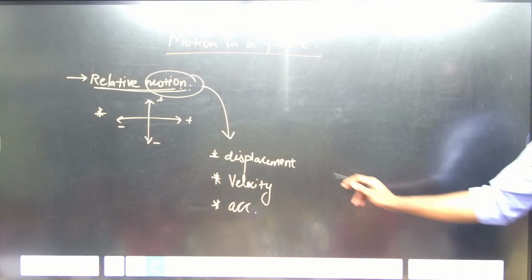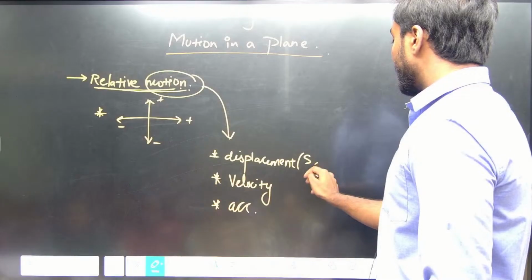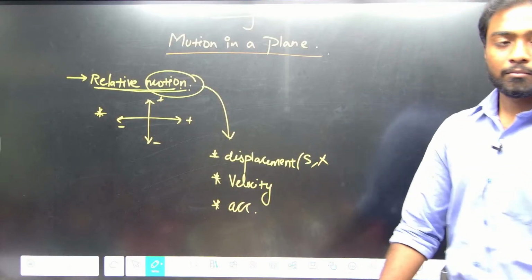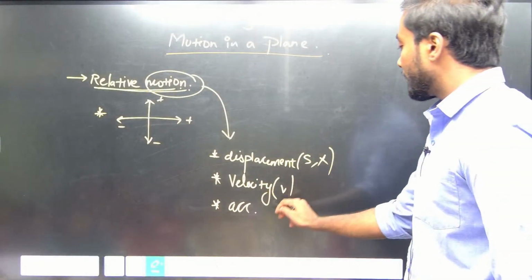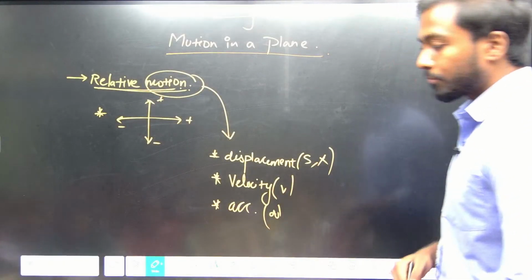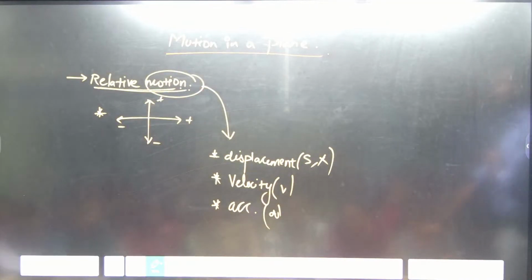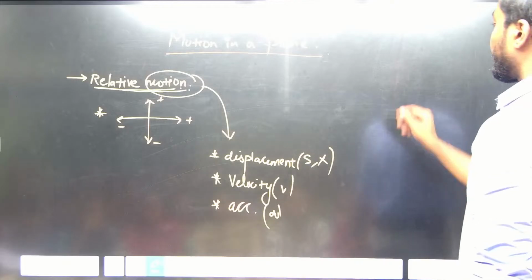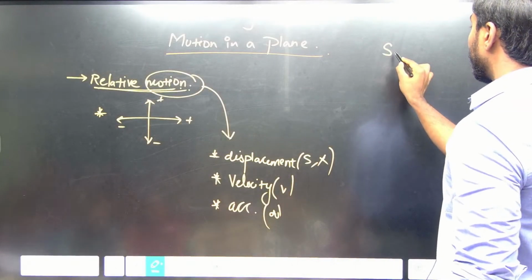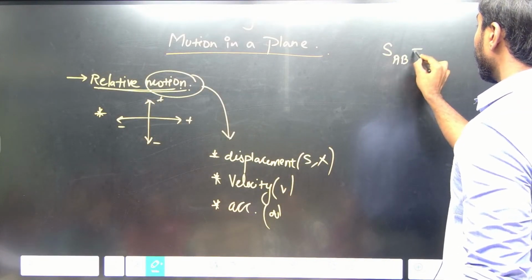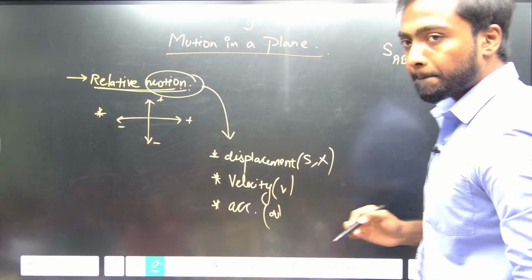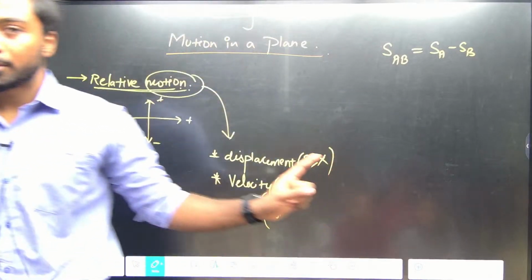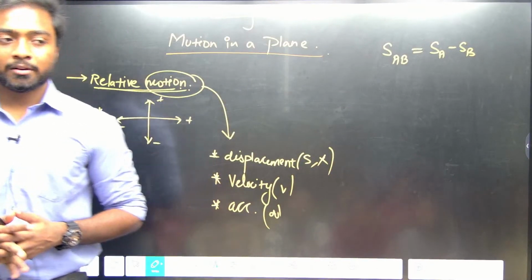Displacement is represented as S or X, velocity as V and acceleration as A. Suppose displacement of A with respect to B, it is nothing but displacement of A minus displacement of B. This is my formula.